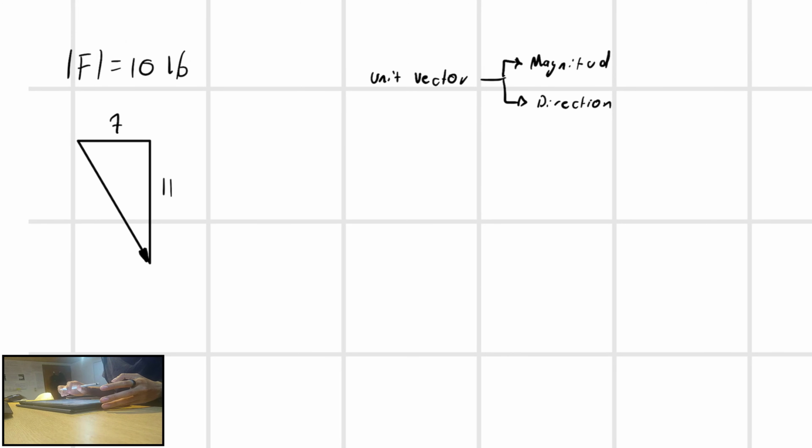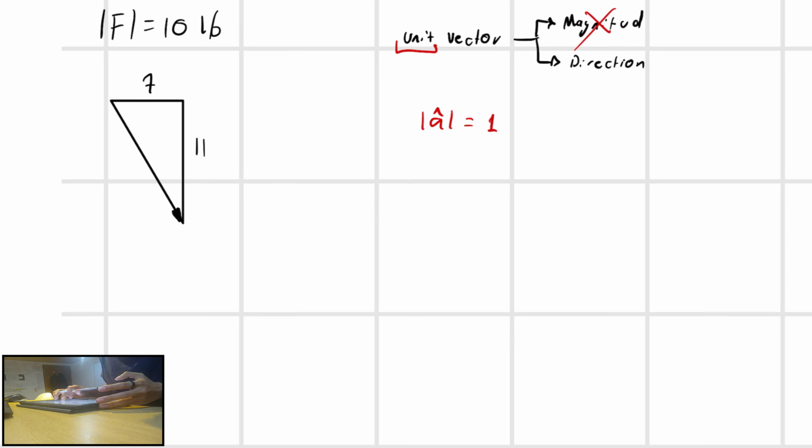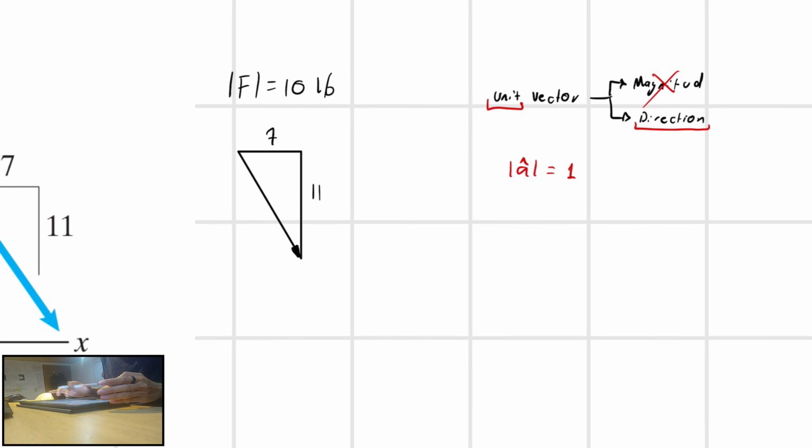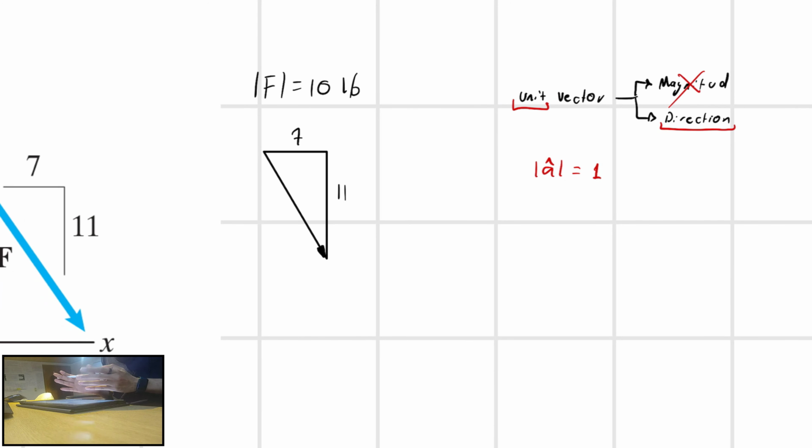When we are talking about a unit vector, the magnitude is not important. Why is that? Because of the name. The magnitude of a unit vector is always 1, and a unit vector is always represented by a little hat above the letter. That means the only thing that we care about is the direction, because the unit vector allows us to change this direction and to play with the vectors when it's needed.